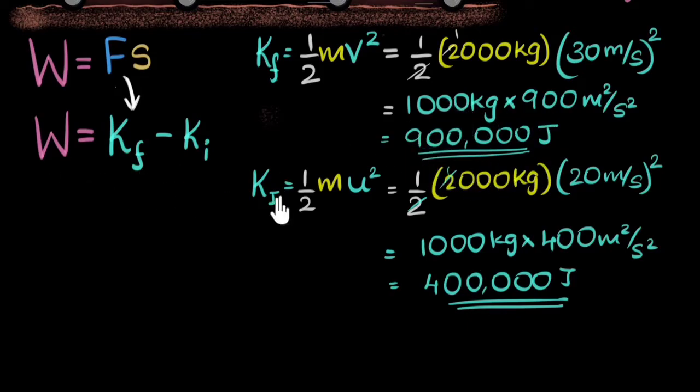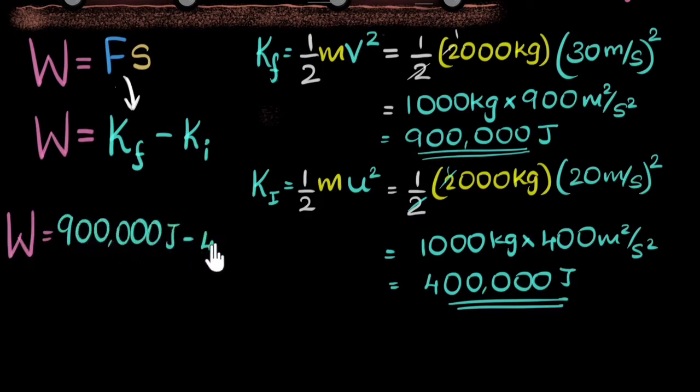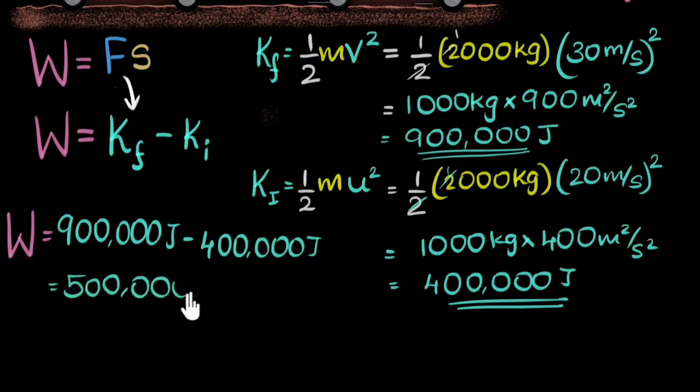Now, work done just represents final minus initial, meaning how much kinetic energy got added. So we can do that now. Work done on this truck should equal final, which is 900,000 joules minus 400,000 joules. How much is that equal to? That is 500,000 joules.